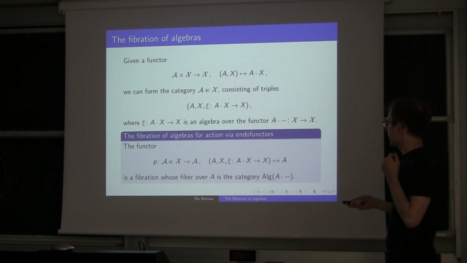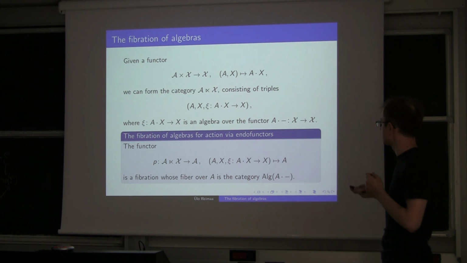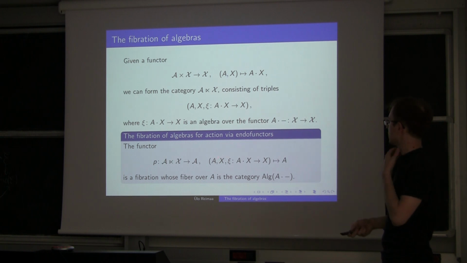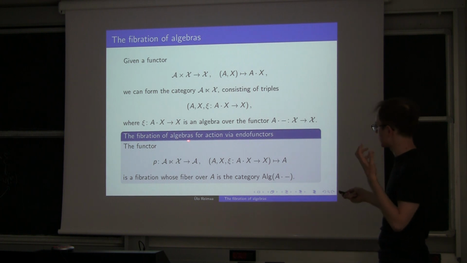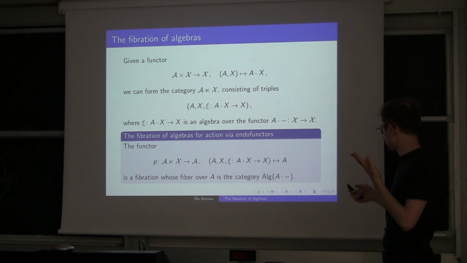And we have this projection from this triple to A, which just forgets the underlying structure of the algebra and just gives the parameter A, and so we have the fibration over the category A, with fiber over an object A being the category of algebras over the single endofunctor.